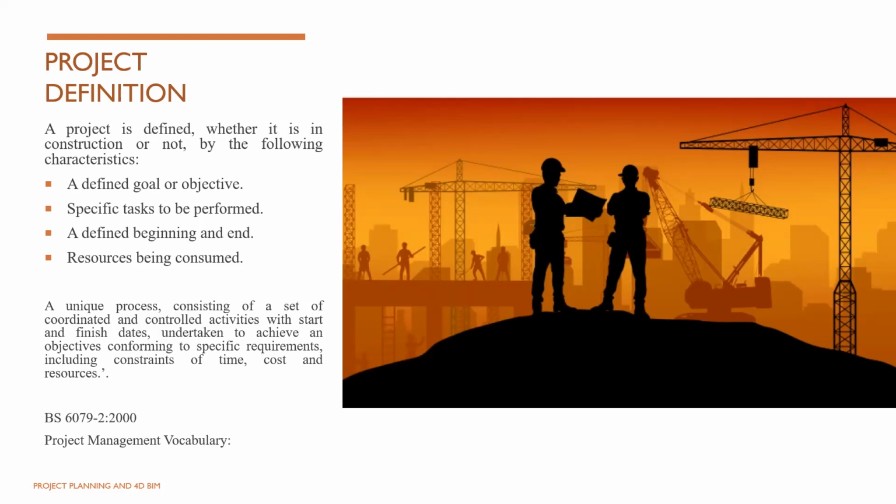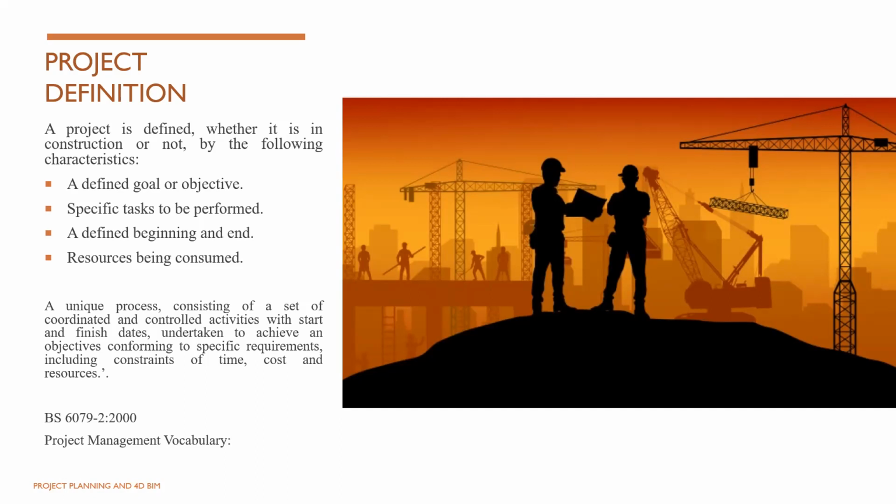When you think about the terms, there are a number of definitions for the project. A particular definition is mentioned in BS 6079-2:2000, the project management vocabulary. There they mention that a project is a unique process consisting of a set of coordinated and controlled activities with start and finish dates.